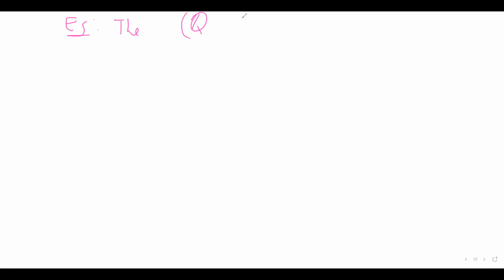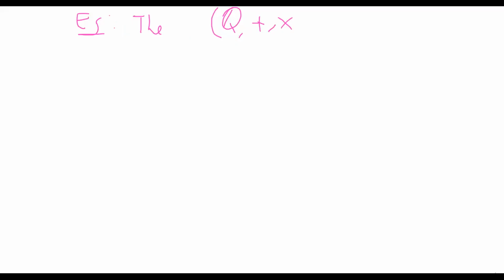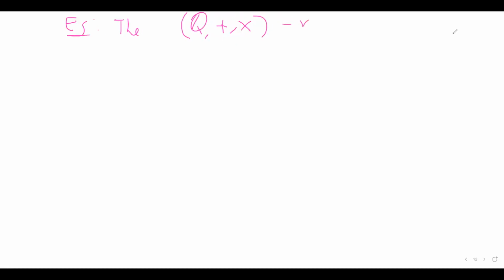So as an example, this guy here, we say it's a ring, this one. This is a ring and also we can have the same Z as well. It's also a ring. And then you can have as well the reals is also a ring.